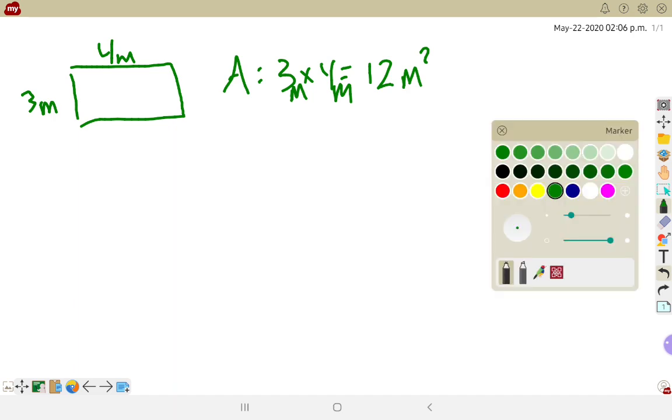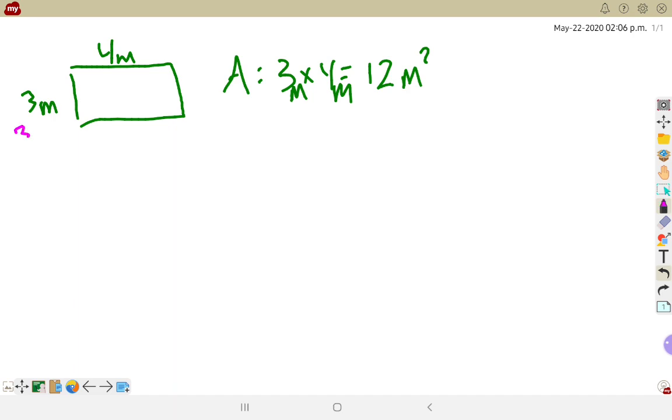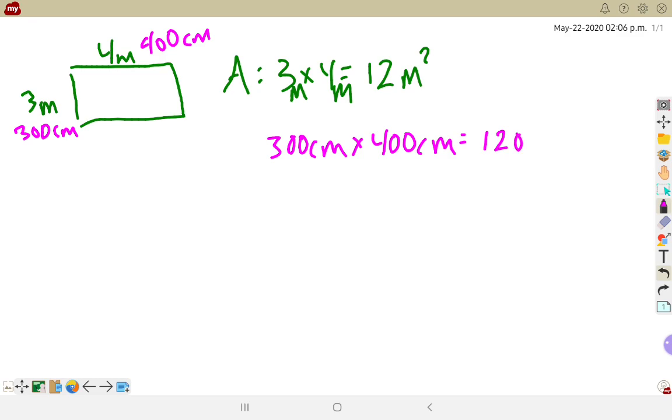But if I was to convert from meters to centimeters, so it's 300 centimeters times 400 centimeters, that's going to give me 120,000 centimeters squared. Okay, and that's again because 1 meter squared is the same thing as 10,000 centimeters squared. So I don't just get to times by 100 to convert from meter squared to centimeter squared. I have to times by 100 and then times by 100 again.